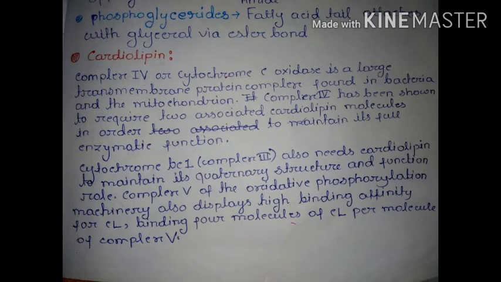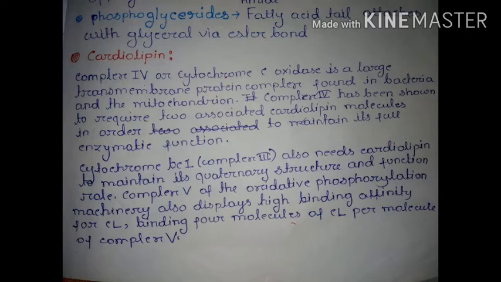Generally enzymes try to maintain their quaternary structure and functional role. So cardiolipin helps in the maintenance of the function and structure of cytochrome bc1, that is complex 3.